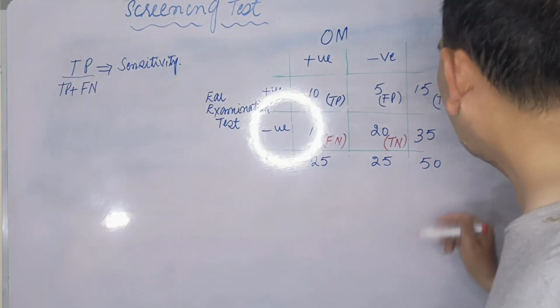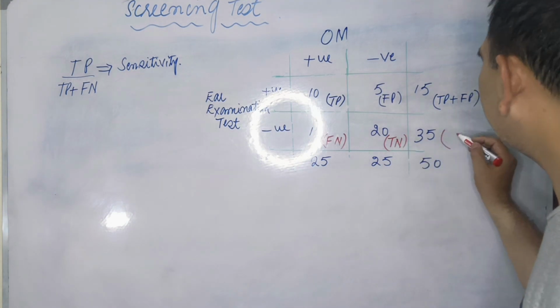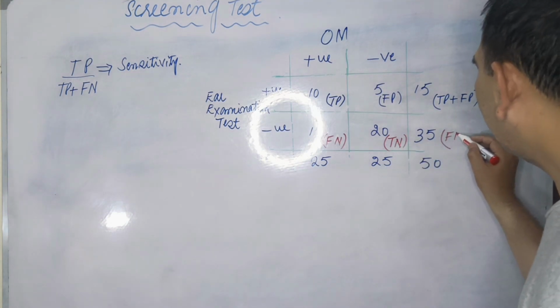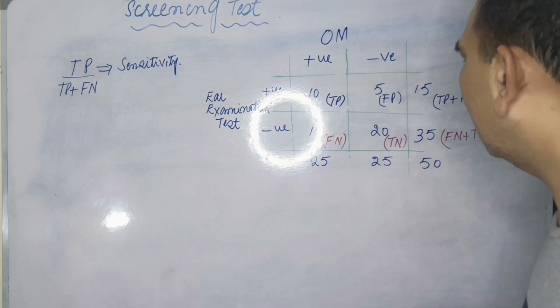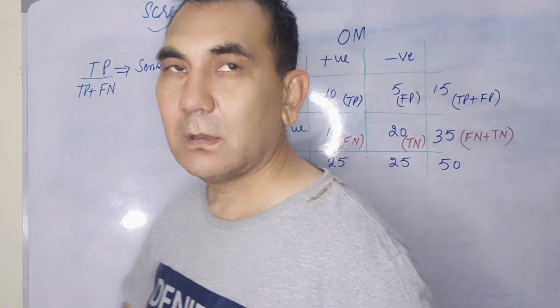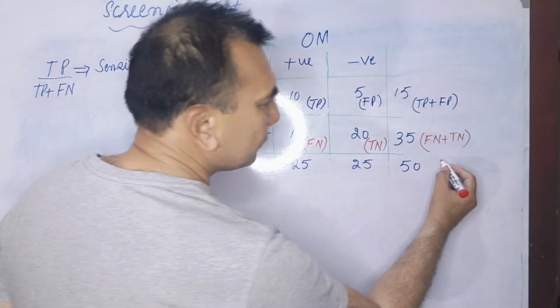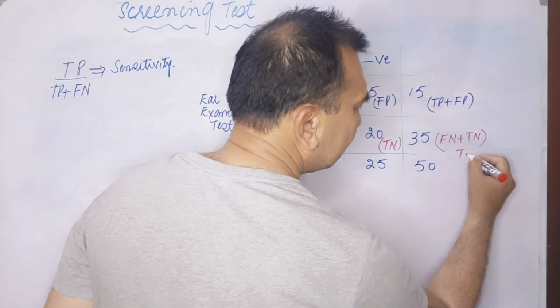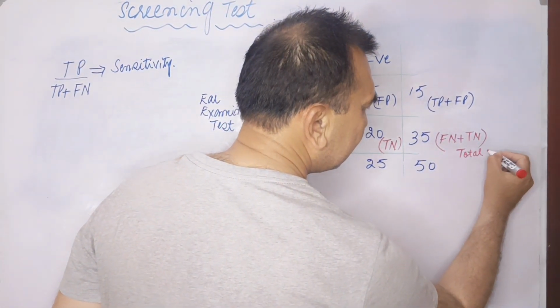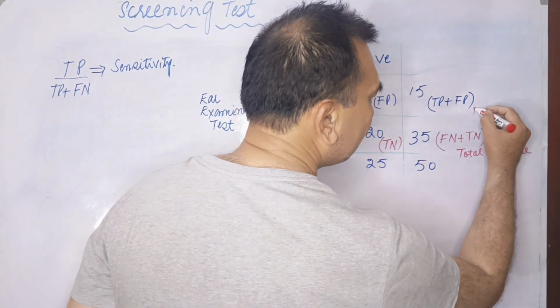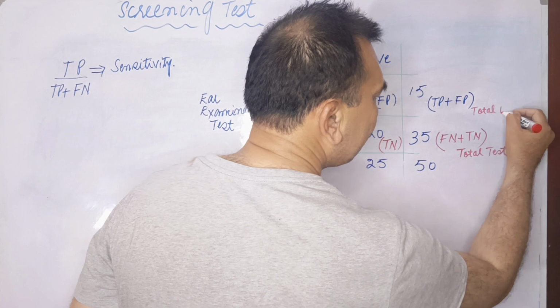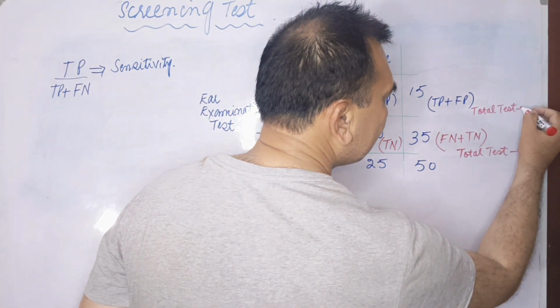Now this cell is the sum of false negative plus true negative. It means the total test negative. The other is the total test positive.